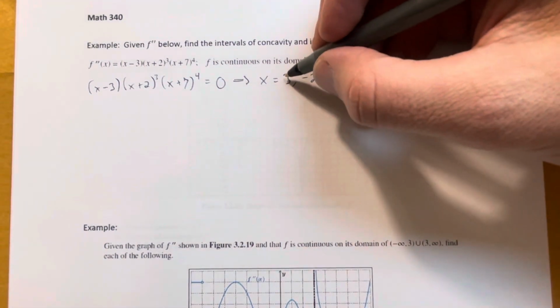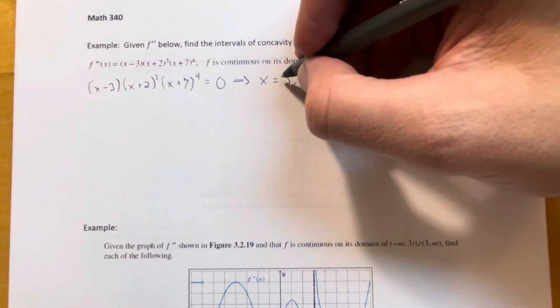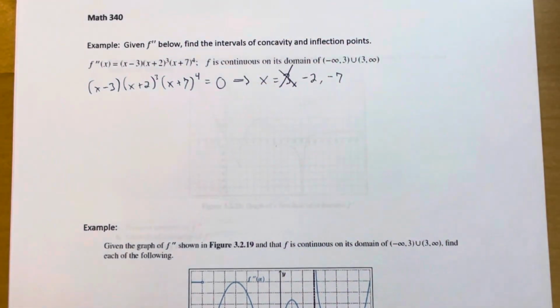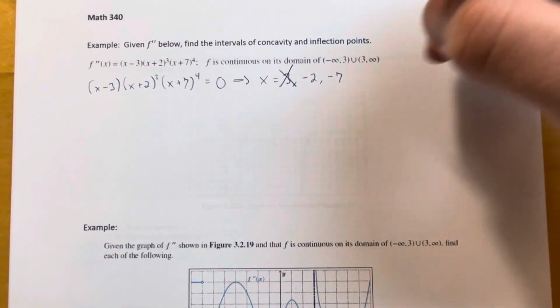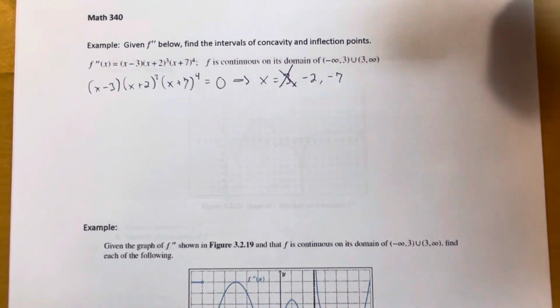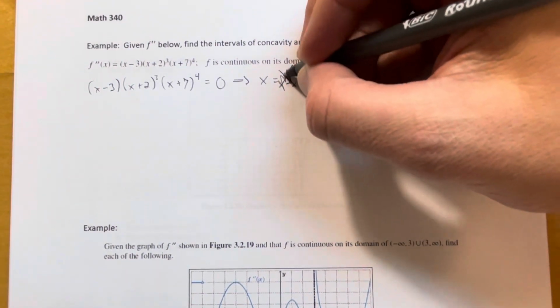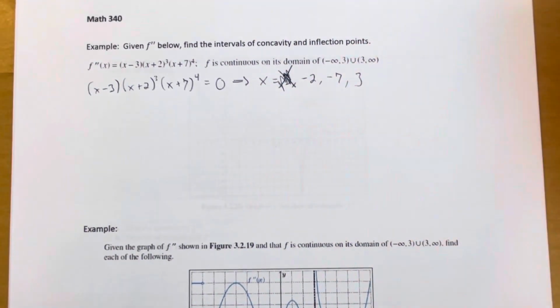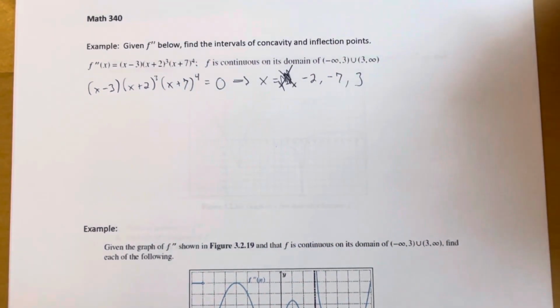Because x equals 3 showed up in my list here, I have to eliminate it because it's not usable as a point of inflection. Now, actually, let me back that up. I can still use it as a partition number, but it's not going to be a point of inflection. So maybe I shouldn't eliminate it so quickly. Let's include it, but we just need to remember that it can't give us a point of inflection.